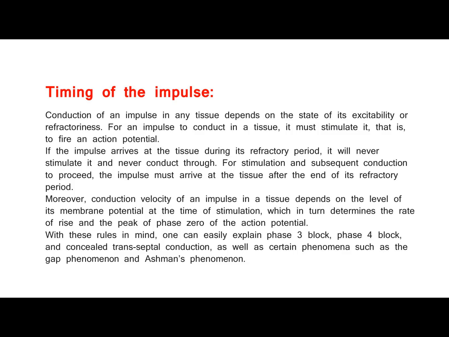Moreover, conduction velocity of an impulse in a tissue depends on the level of its membrane potential at the time of stimulation, which in turn determines the rate of rise and the peak of phase 0 of the action potential. With these rules in mind, one can easily explain phase 3 block, phase 4 block, and concealed transseptal conduction, as well as certain phenomena such as the gap phenomenon and Ashman's phenomenon.